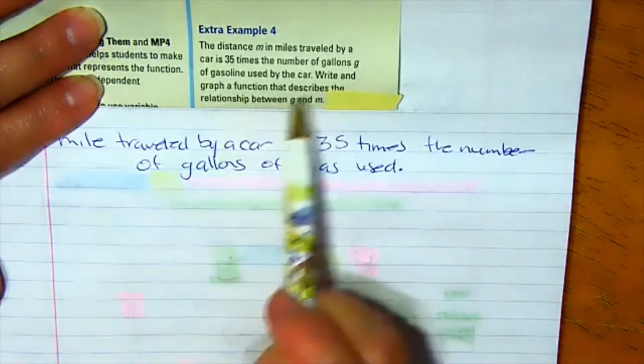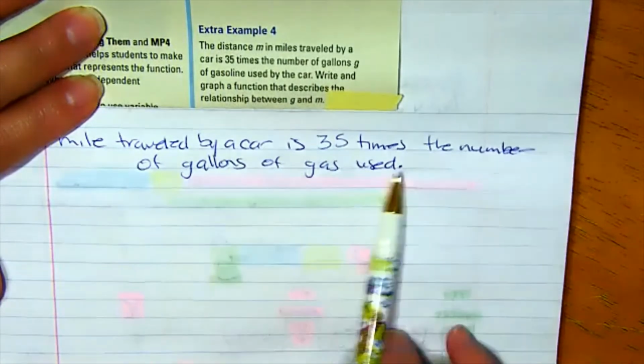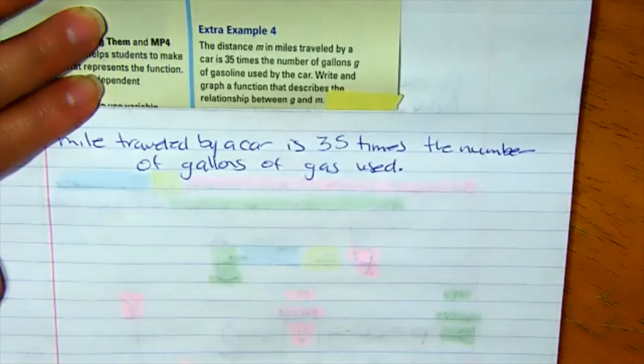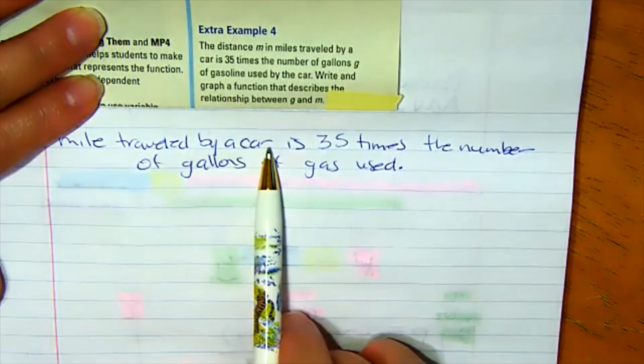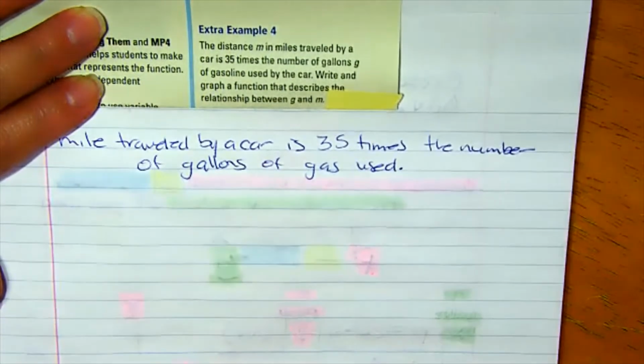So I just tried to take all of these words and pull out just the important information. Miles traveled by a car is 35 times the number of gallons of gas used by that car.